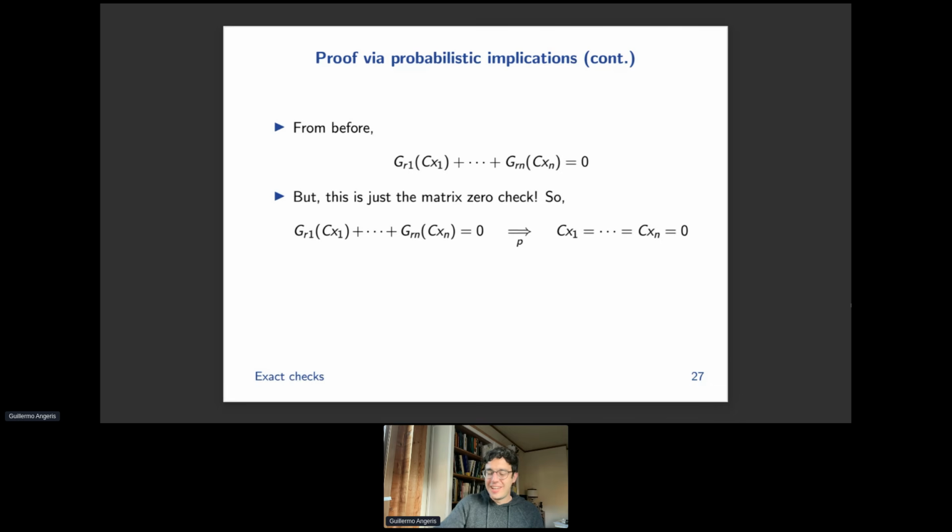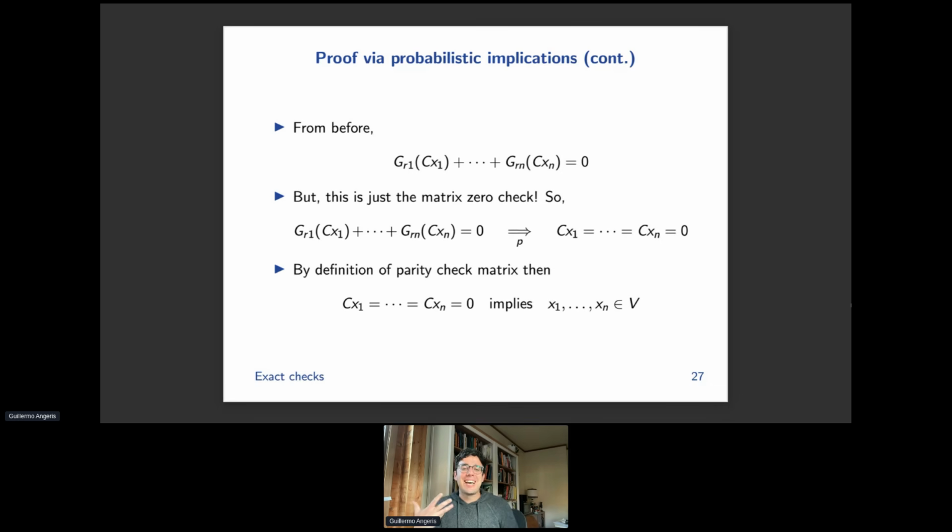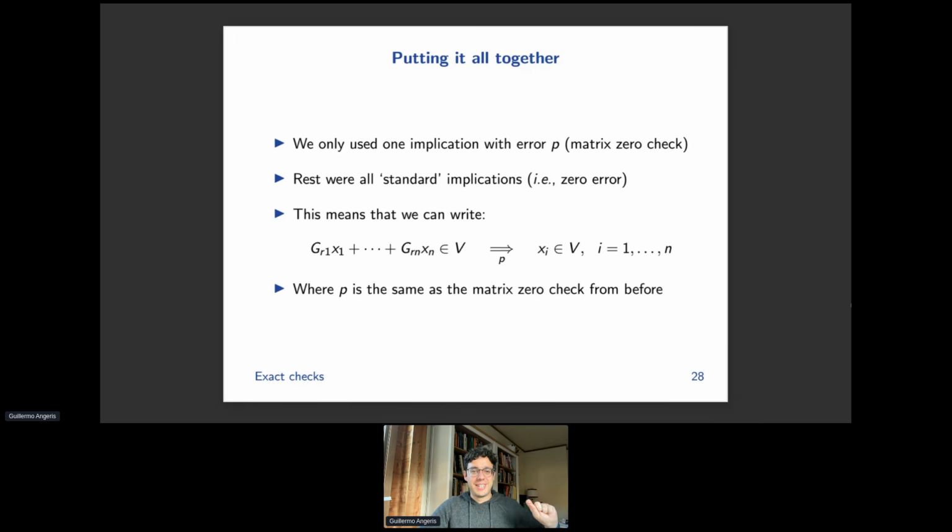But by definition of a parity check matrix, if C times X equals 0, then X must be in the vector space in the first place. So if we put all of the implications together using the rules that we know and love, this gives us exactly the claim we wanted.